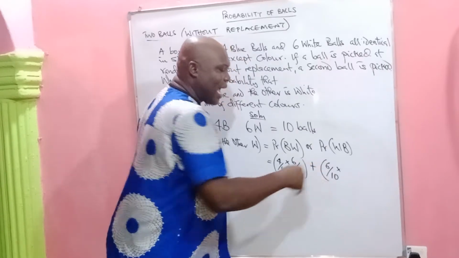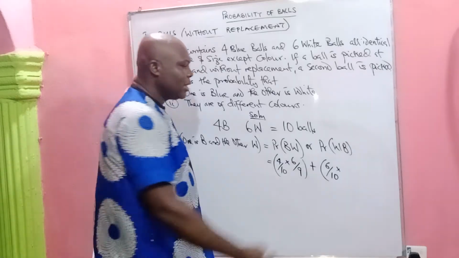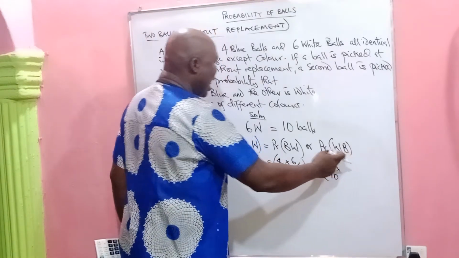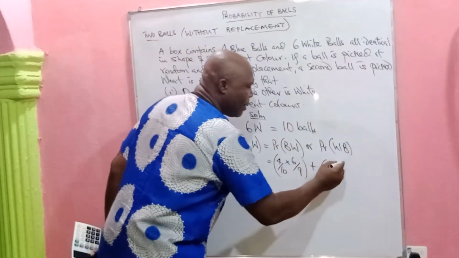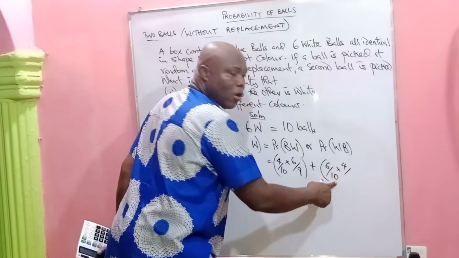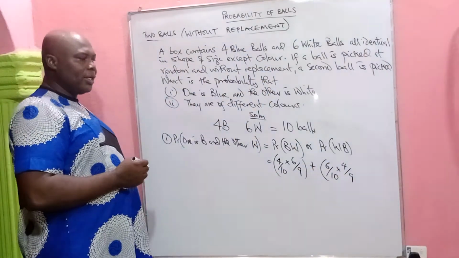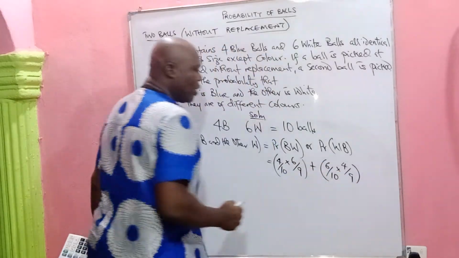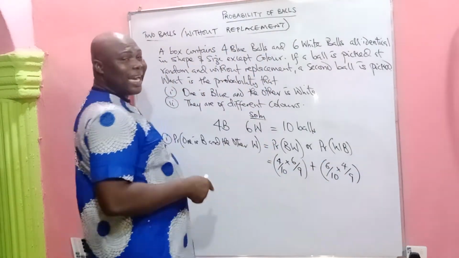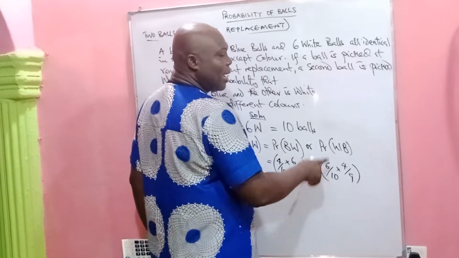In the second pick, I kept that one out. I didn't replace. I want to pick blue balls now. How many blue balls do you have? 4 in the bag. But the total number of balls becomes 9, no more 10, because we did not replace. So it will either be that we are going to have 4 over 10 times 6 over 9, or 6 over 10 times 4 over 9.